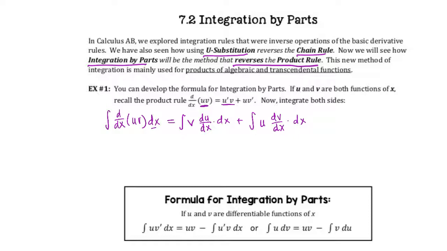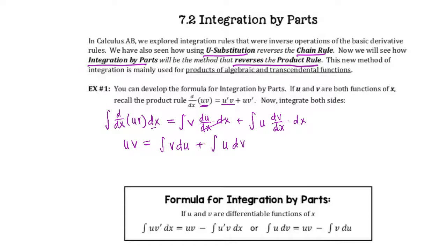because we are integrating. Now if I integrate this derivative, I'm just going to be left with uv because again integrating is that antiderivative, so it's going to undo that. And so that's going to be equal to, and then over here I'm going to cancel those, so I have the integral of v du, and then plus the integral of u dv.